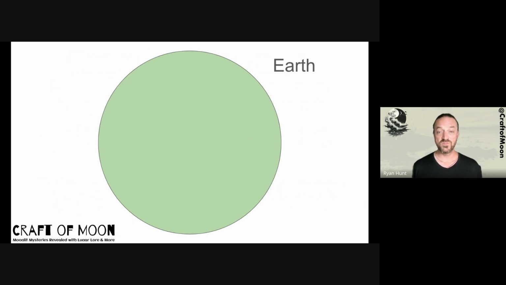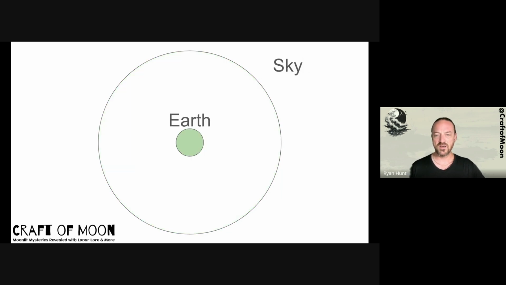Gaia was the first in many mythological constructs. Sometimes there were others. Some legends say that night arose before Earth, but for the sake of the philosophy that we're going to be going with here, we're going to be taking Earth as the first emanation out of chaos. And so the first circle on our page is going to be representative of Earth.